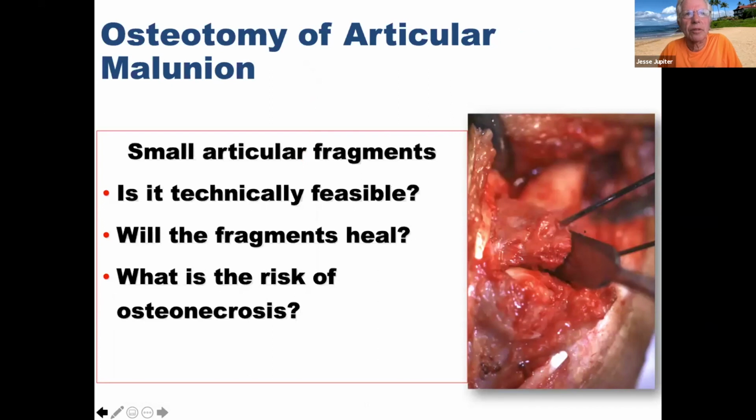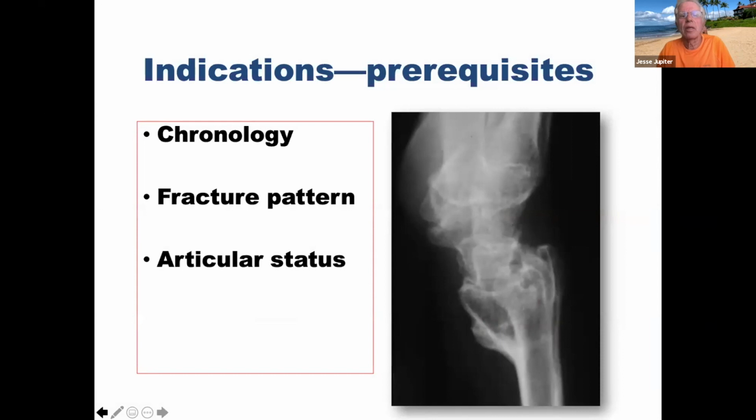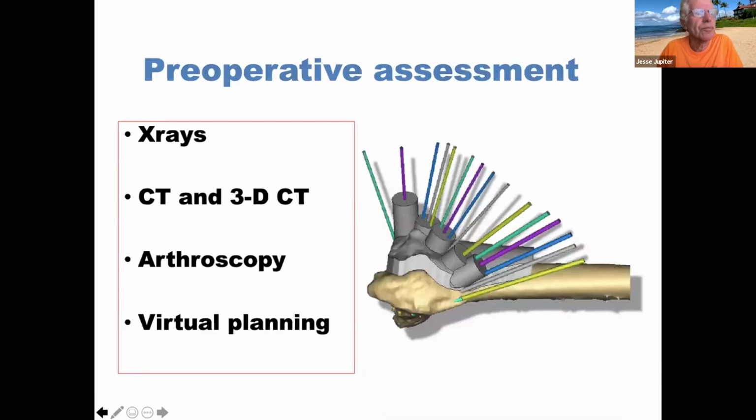Then the second question: we didn't have much concern with the extra-articular malunion osteotomies healing, but will these heal? Is it technically feasible? And if you're lifting up small articular pieces, is avascular necrosis a problem? Ideally, as was pointed out, good imaging is very important to understand the nature of this.